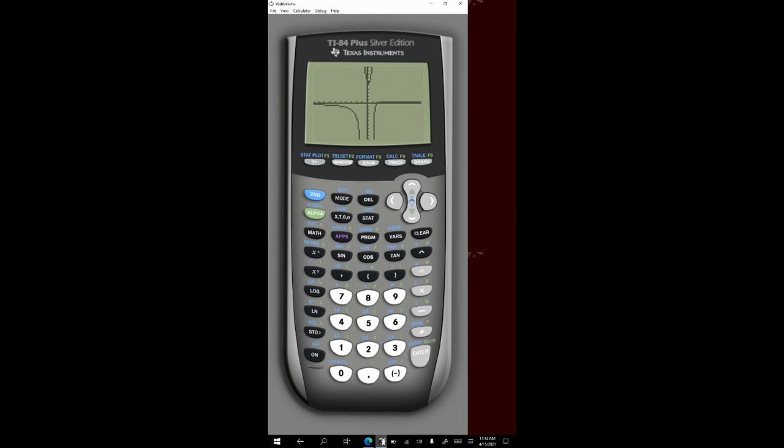And there's our graph. It goes down like this, never crosses the x-axis. Here it crosses the x-axis right at 2 and stays close to it. And then the parabola up over here on the top.